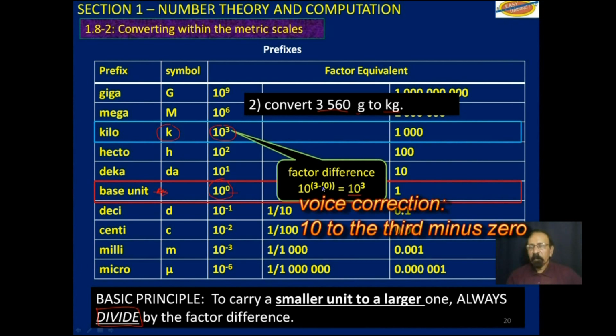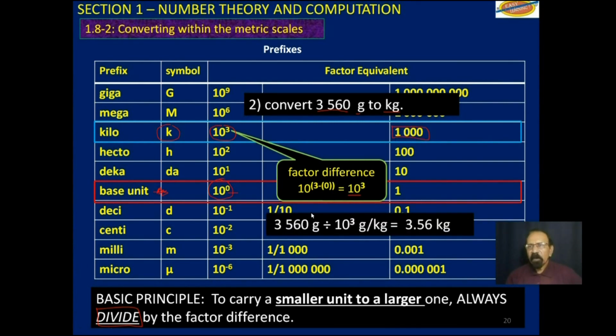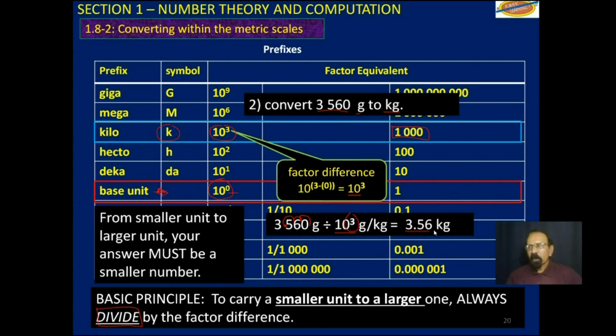So we get 10 to the 3rd power, which is 1,000. So we will have to divide by 10 to the 3rd power. So divide by 1,000. There is a 3 here. When you divide, you shift the place to the left. 1, 2, 3. And our answer is 3.56 kilograms. Remember, from a smaller unit to a larger unit, your answer must be smaller. So remember, we went from 3,560 and now we get 3.56.